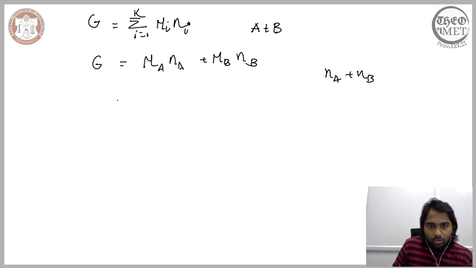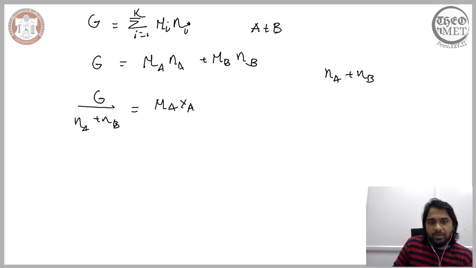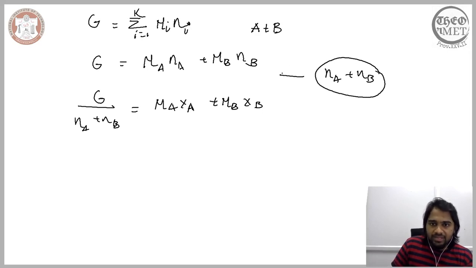So ultimately we end up having something like this: mu A x A. So we will be replacing the number of moles with mole fraction, mu B x B. So we end up having this expression. The reason we divide both the right hand side and the left hand side is to express the concentration in the mole fraction.